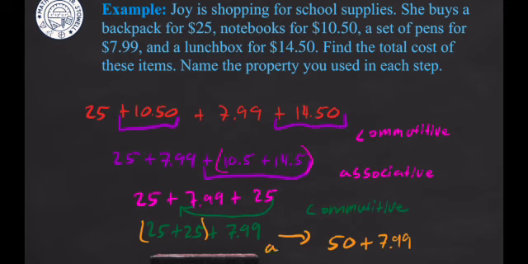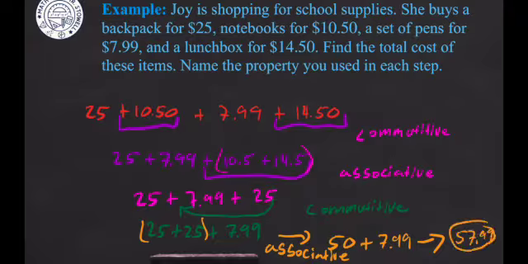And that is associating it with just those, so associative. And lastly, we can just add those up. So this would be $57.99. So that is the total amount.